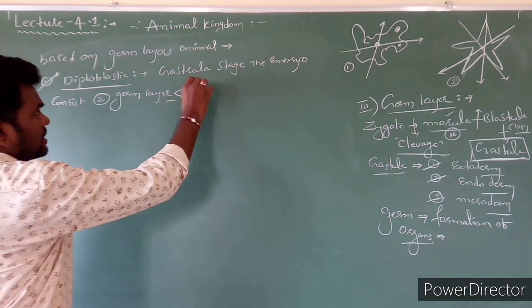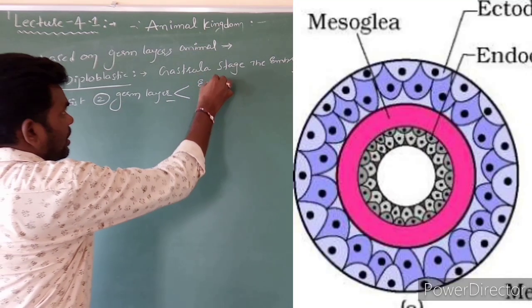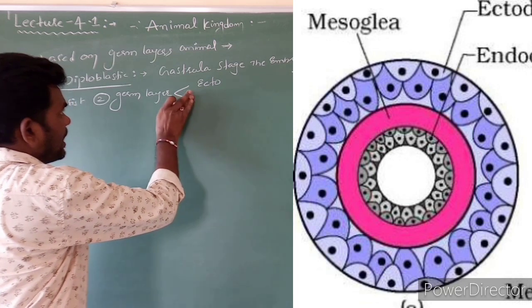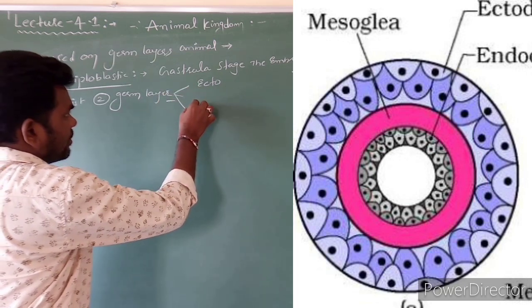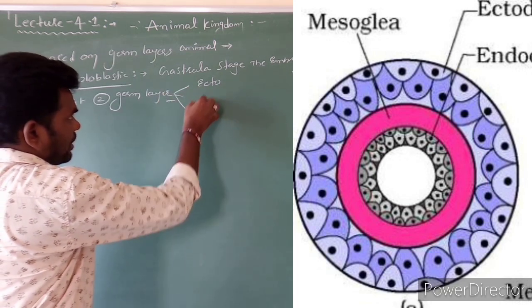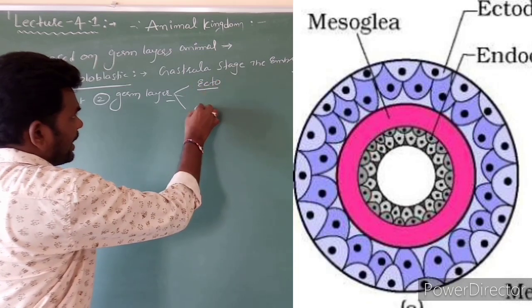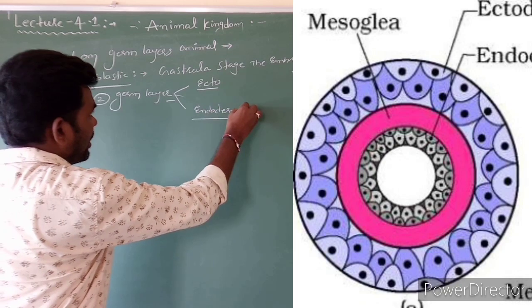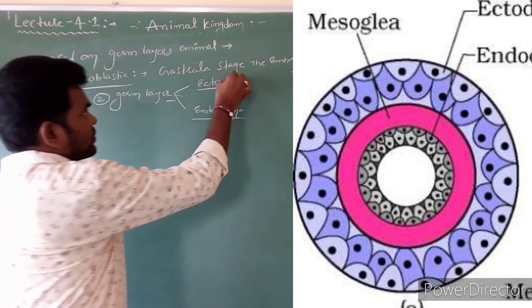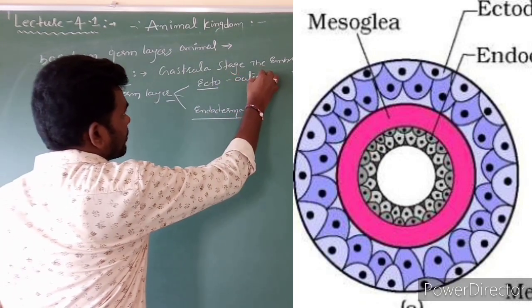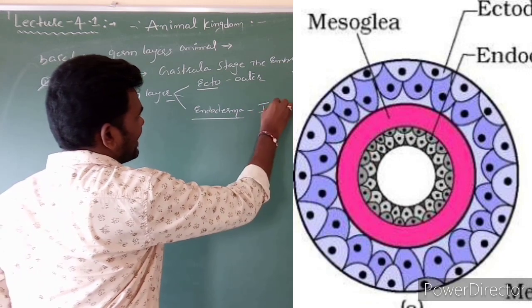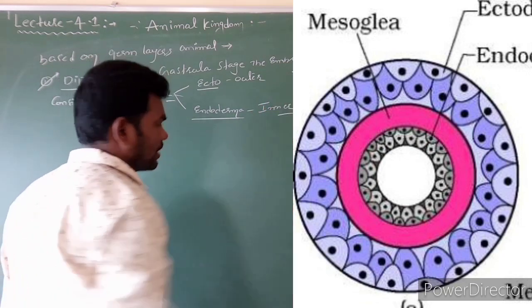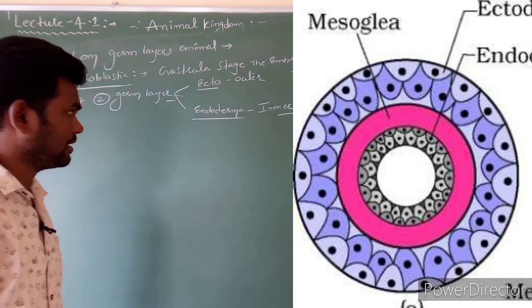Outer layer is ectoderm and inner layer is endoderm. So this one is the outermost layer, and this one is the inner layer. Outer layer as well as inner layer.